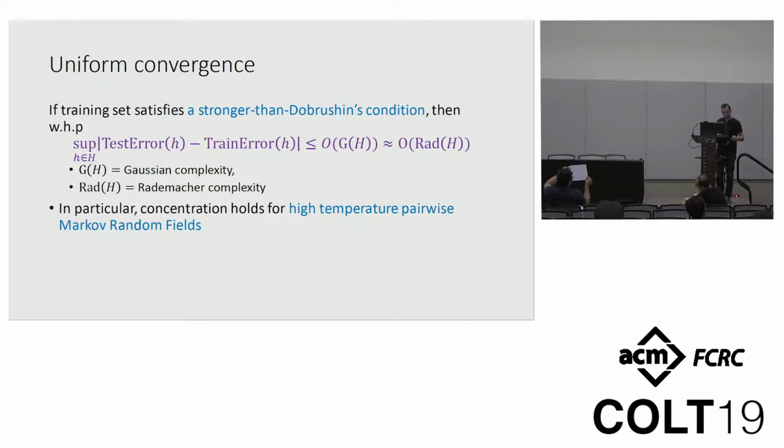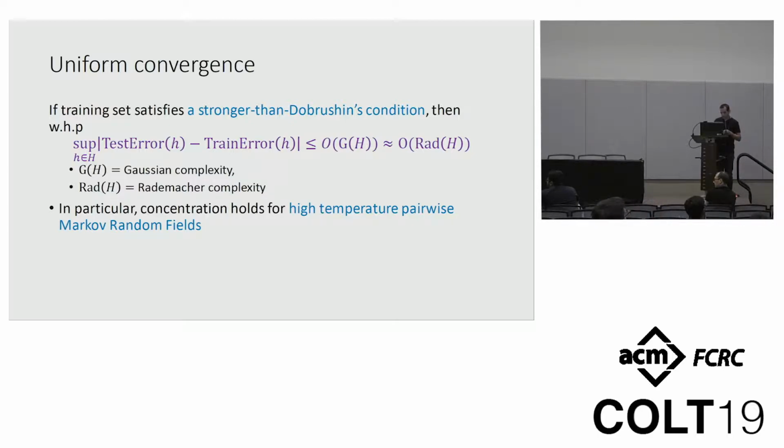This is the same notion that appeared in the previous talk. While in the IID case this supremum is bounded by the Rademacher complexity, here we bound it by the Gaussian complexity. As I already said, these two notions are almost equivalent up to a small factor.